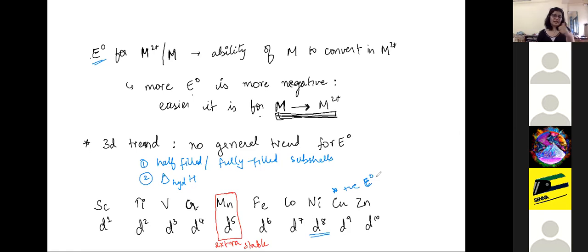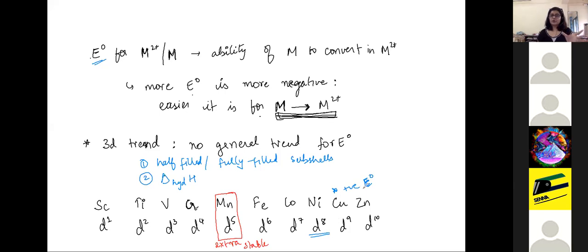If copper reacts with acids, it is not because of its standard electrode potential, not because of its own reactivity. It is because the acid also has an oxidizing nature, like nitric acid or really hot concentrated sulfuric acid. So copper is an exception.